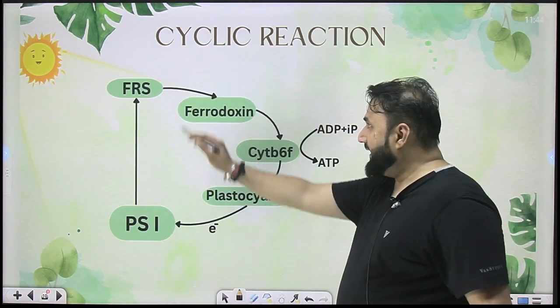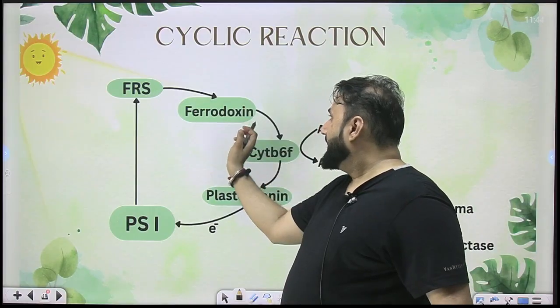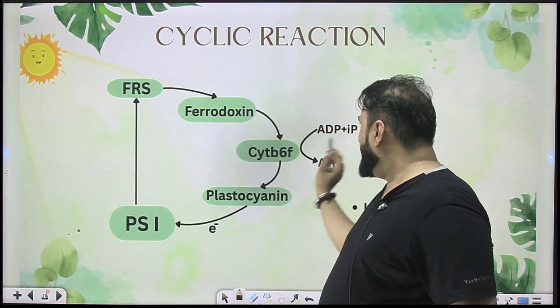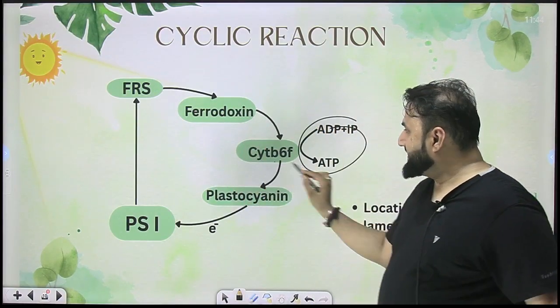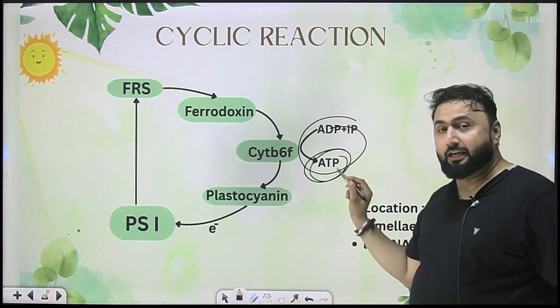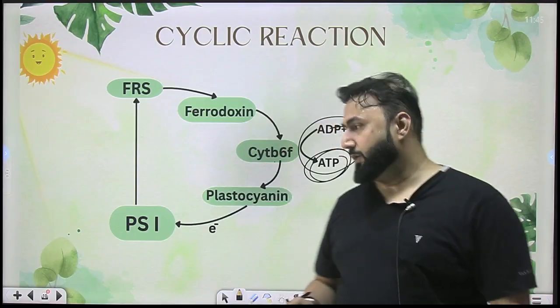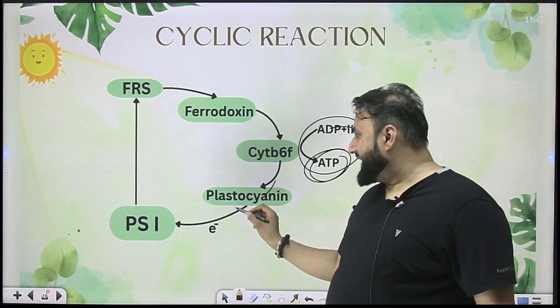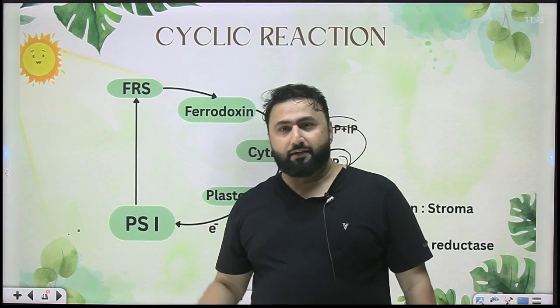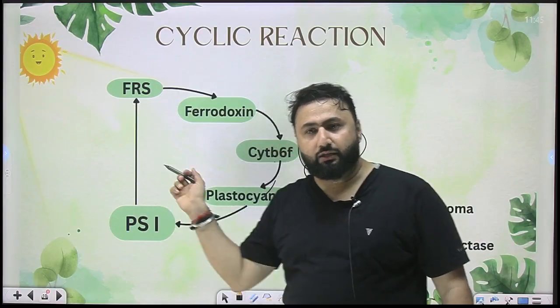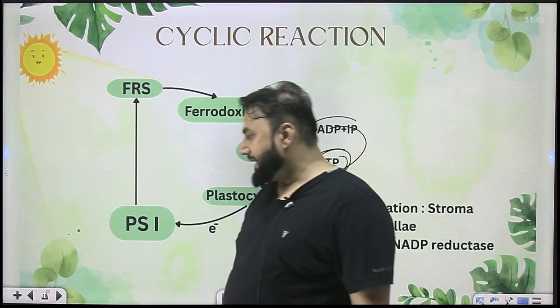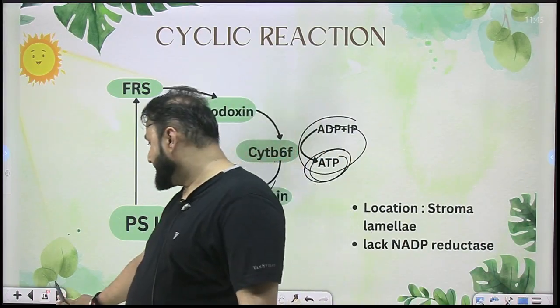PS1 light is there, giving it to ferredoxin, then ferredoxin to cytochrome B6F, forming ATP. It cannot form NADPH because NADP reductase is not present here, and then it is given to plastocyanin and back to PS1. This is your cyclic reaction, and that is your non-cyclic reaction, also known as Z scheme.